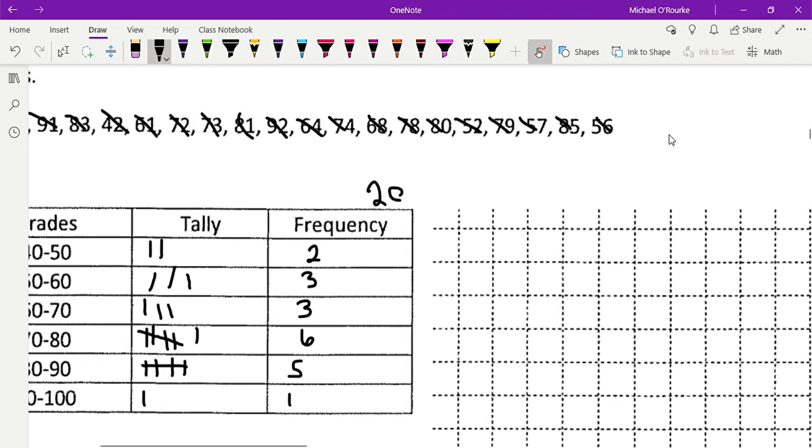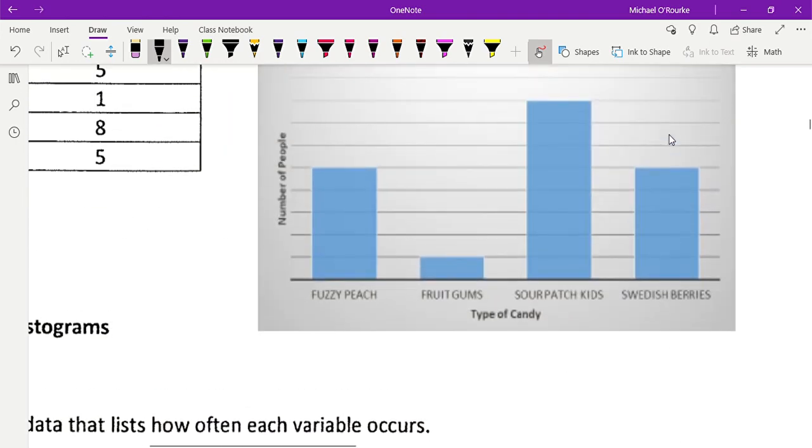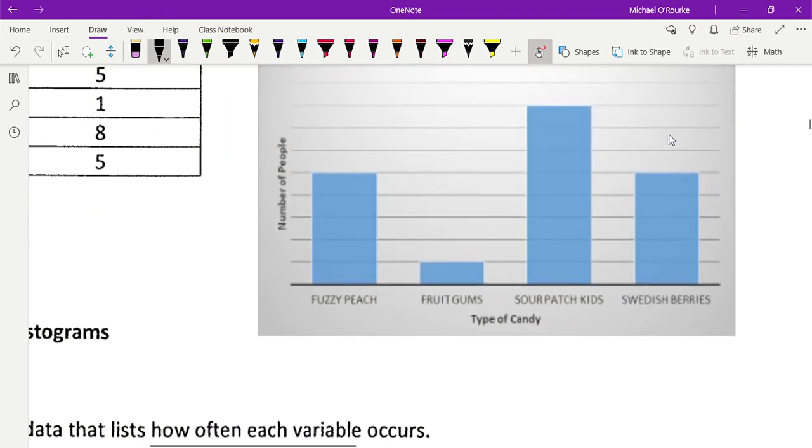Then when you make your histogram, if we look up here, how are my bars? Are they together or separated? Separated. In a histogram, they're connected.